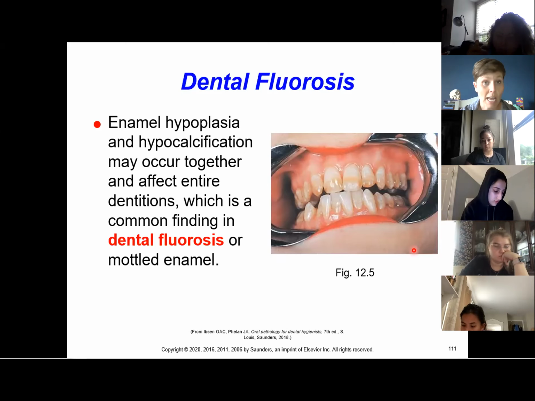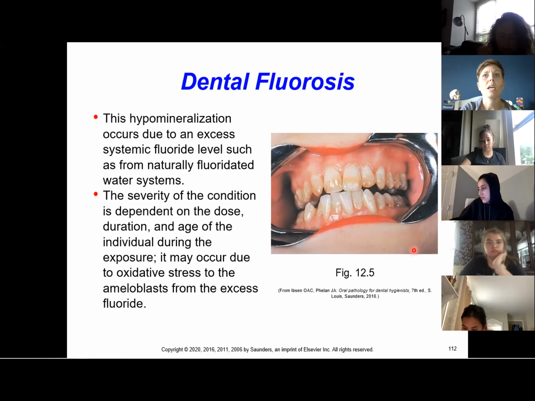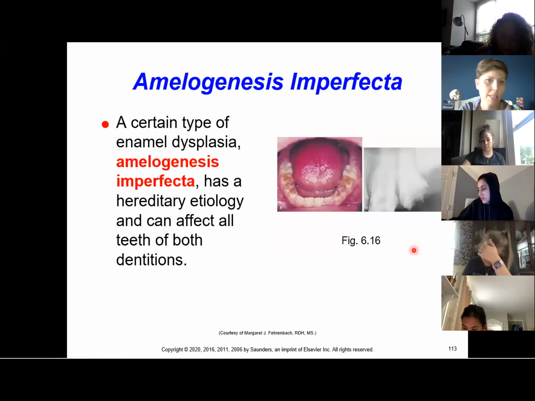But a lot of them already have naturally occurring fluoride in their water system. If you live close to the coast, you usually have a much higher level of fluoride in your water, like the Eastern Shore. Drinking tap water on the Eastern Shore might not be the best thing. It might give dental fluorosis. They're super hard teeth, they just don't look pretty.